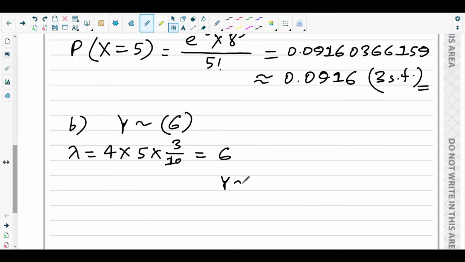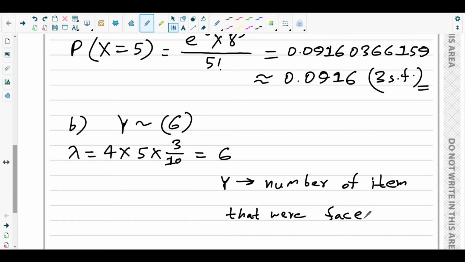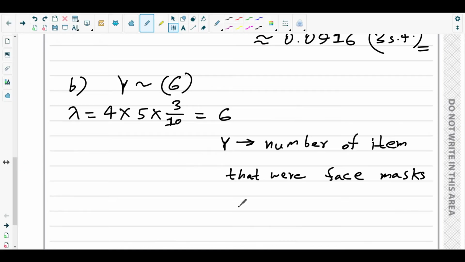So what does y represent? Y is the number of items that were face masks in 5 square meters.